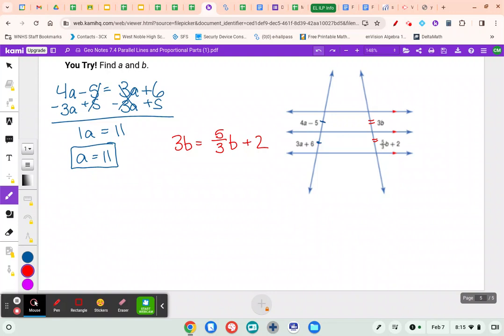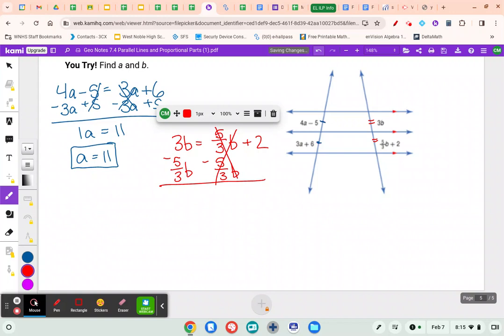So we have to get all of our b terms together, which means we need to subtract this fraction right away. Here's the deal. 3b and 5 over 3b don't have the same common denominator. So I need to figure out how to give 3 a denominator of 3.